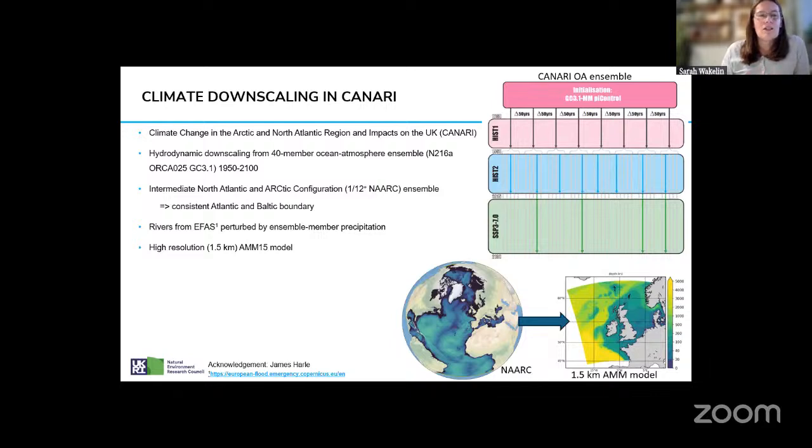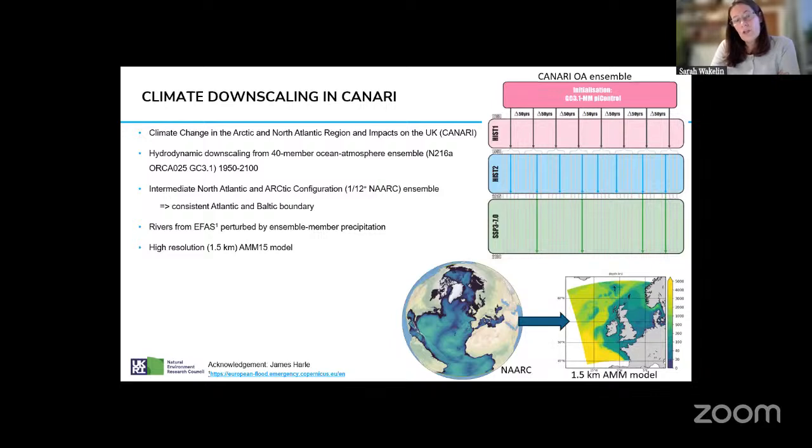I won't go into all of the details, but one of the most exciting things is we've got this intermediate North Atlantic and Arctic configuration at 1/12 of a degree, which will run a more restricted ensemble. But for the first time, it will give us a consistent Atlantic and Baltic boundary. So we'll be able to see for the first time in a more consistent and believable way how the Atlantic and Baltic boundary conditions interact.